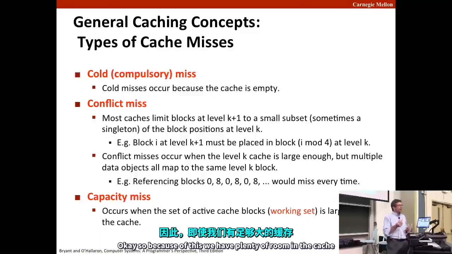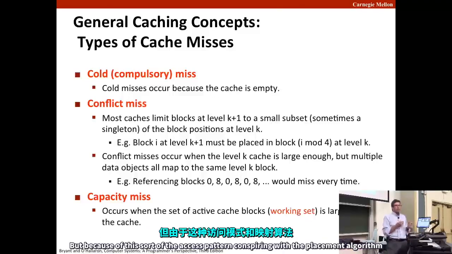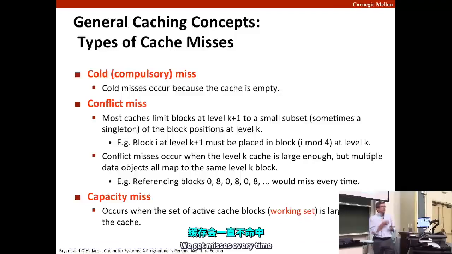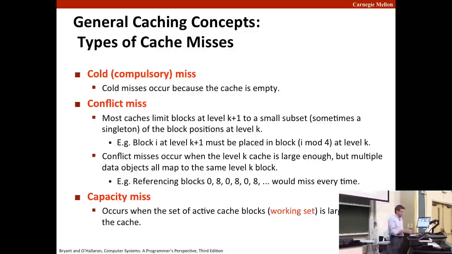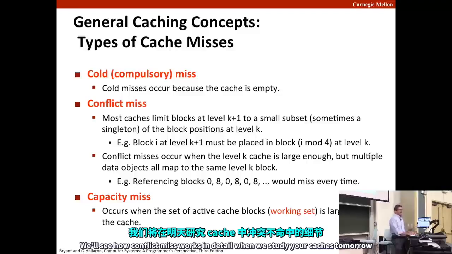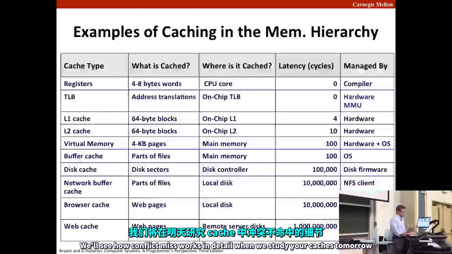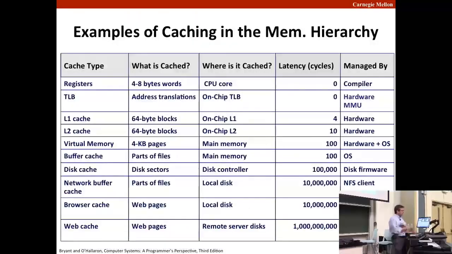We have plenty of room in the cache, but because of the access pattern conspiring with the placement algorithm, we get misses every time. We'll see how conflict misses work in detail when we study caches tomorrow.